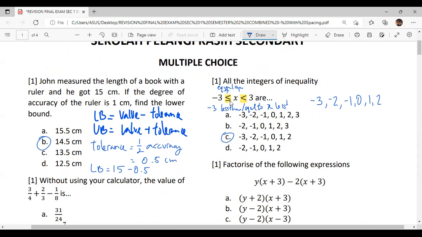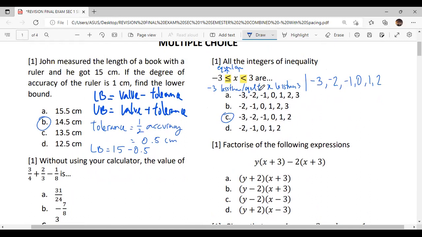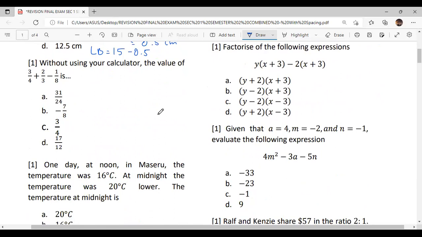That's how you think. So 3 cannot be included, -3 is included. Inclusive. Get it, Karim? Yeah, I think I forgot about that. Okay, just memorize the sign. Has equal sign. Now next number.